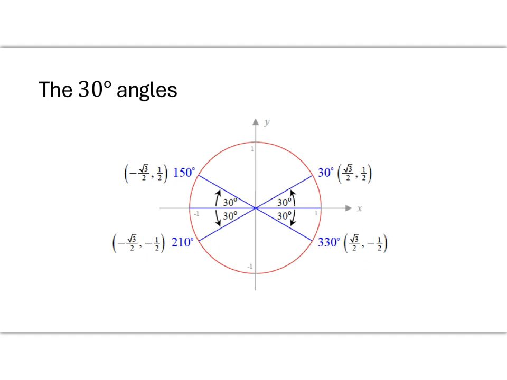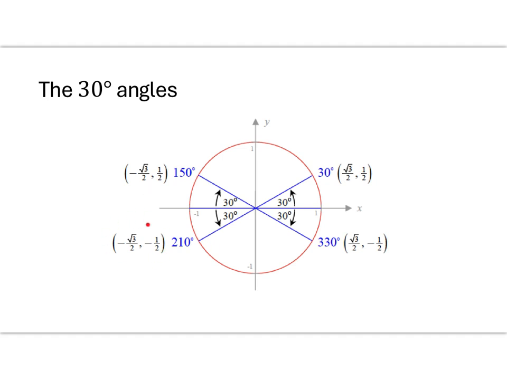The only difference is the sign based on what quadrant you're in. So notice how over here in quadrant 2, x is negative. So it's the same ordered pair as the 30-degree reference angle on that side, only the x value is negative. So it's really not tough to figure that part out.